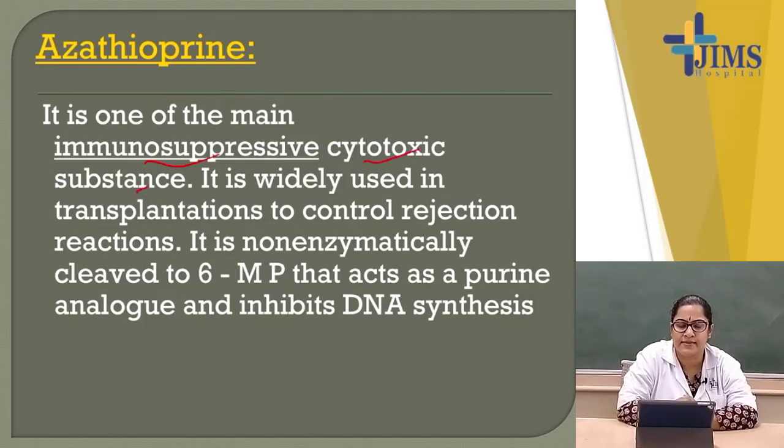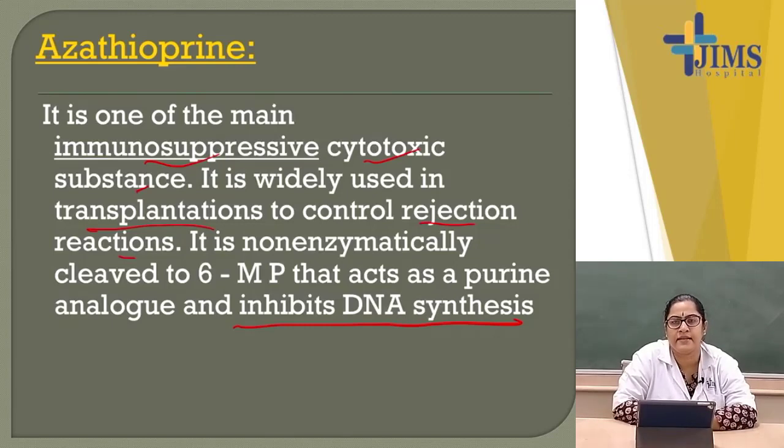It is widely used in transplantations to control rejection reactions. It is non-enzymatically cleaved to 6-mercaptopurine that acts as a purine analog and inhibits DNA synthesis. So there is immunosuppression, and it acts as a cytotoxic agent.